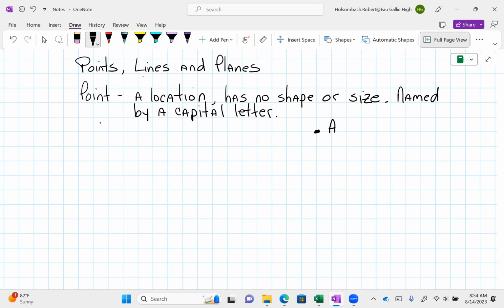Now, a line is made up of points. Has no thickness or width.